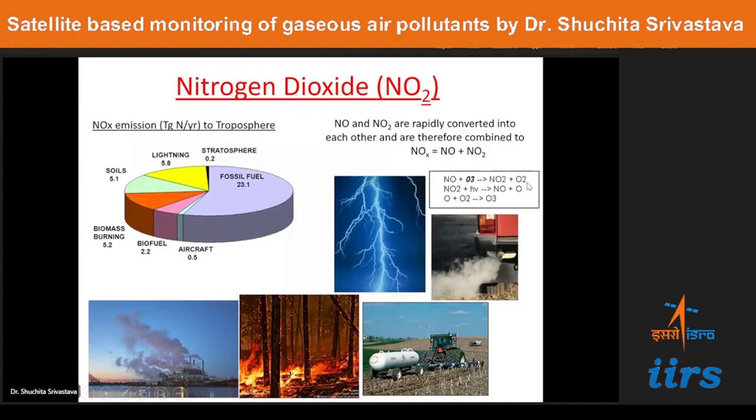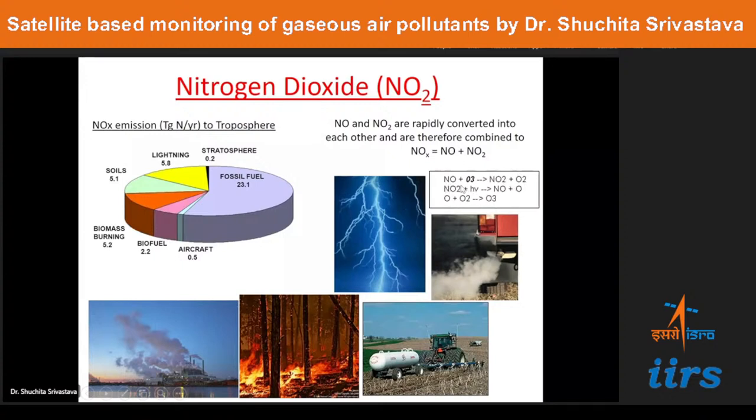Now if you see, this is a null cycle. One molecule of ozone is consumed and one molecule of ozone is produced. One molecule of NO is consumed and one molecule of NO is produced. One molecule of NO2 is produced and one molecule of NO2 is consumed. So neither production nor loss. This is the null cycle.